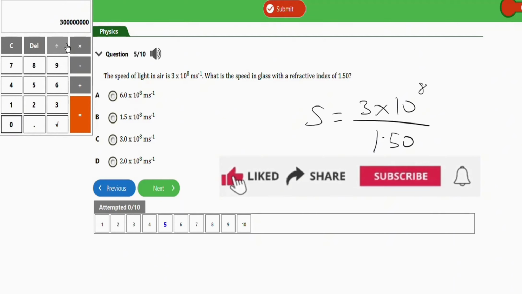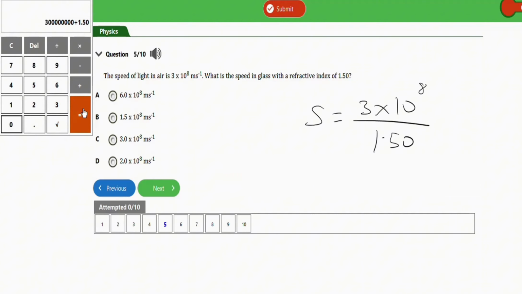So this is 300 million divided by 1.50. You're going to have the output to be 200 million. So it's equivalent to 2.0 times 10 to the power 8 meters per second. The correct option here is option D. That's it for this question. Let's wipe it now and solve the next repeated question.